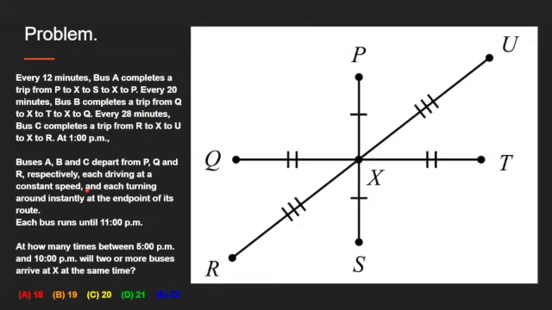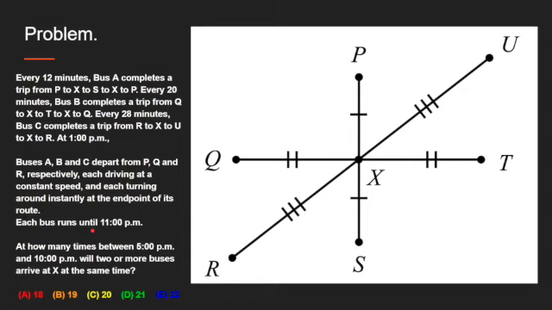They each drive at a relatively constant speed, and they each turn around instantly at the endpoint. Each bus runs until 11 p.m. What they're asking is how many times between 5 p.m. and 10 p.m. will two or more buses arrive at X at the same time?